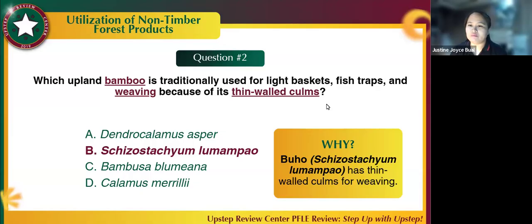Letter C is the scientific name for a bamboo used more for construction and scaffolding. And letter D is a species of rattan, which is obviously not a species of bamboo.